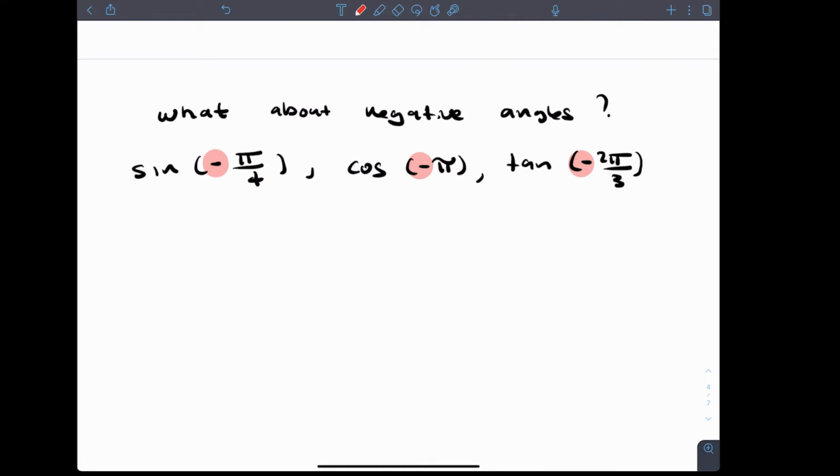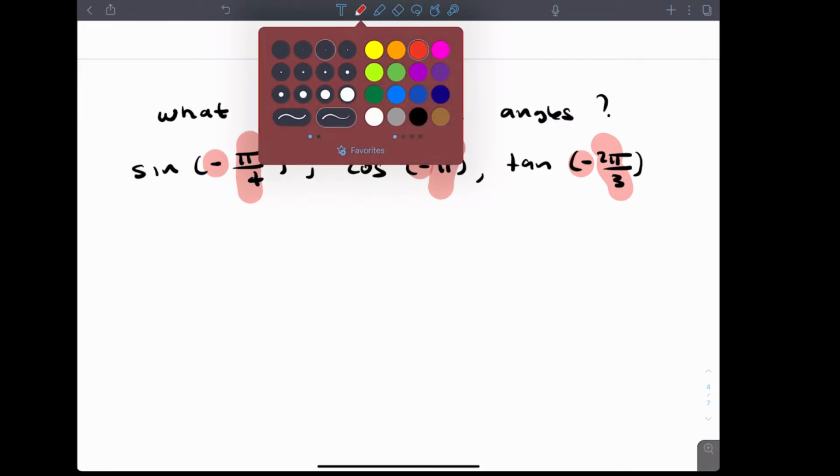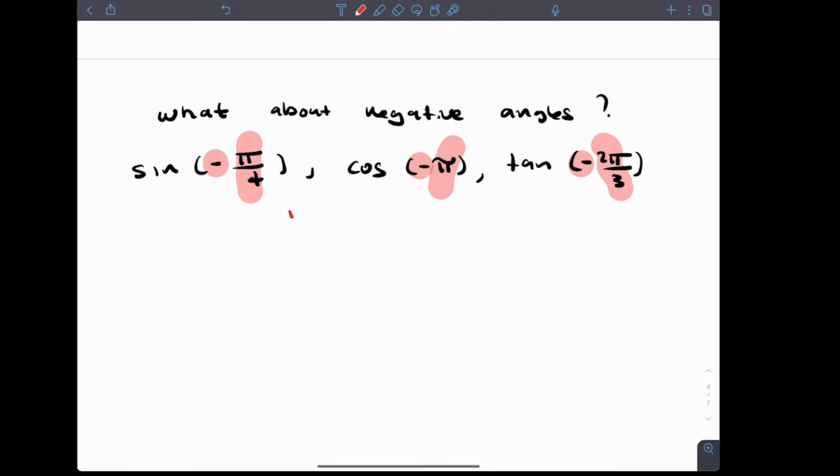Pi over 4, pi, 2 pi over 3. What kind of measure is that? You guys remember? Yeah, this is in radian measure, right? Okay, so it's a good observation, radian measure.